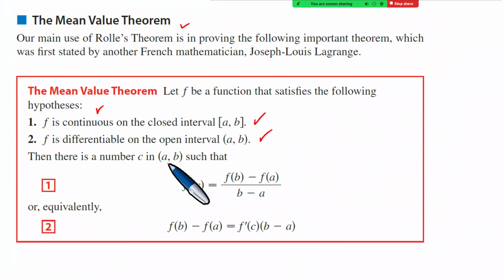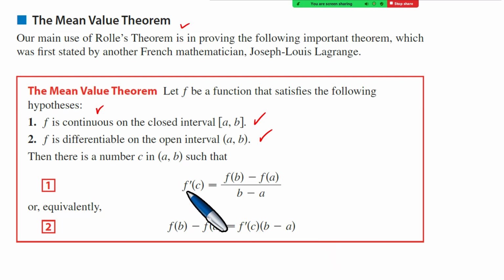Then there exists a number c in the open interval (a, b) such that f prime of c is equal to f of b minus f of a, all divided by b minus a, or equivalently, you can just cross multiply and write it in this form. So now we're going to apply this theorem today, and as we apply it, a couple of things are very important to us. What are the important things?